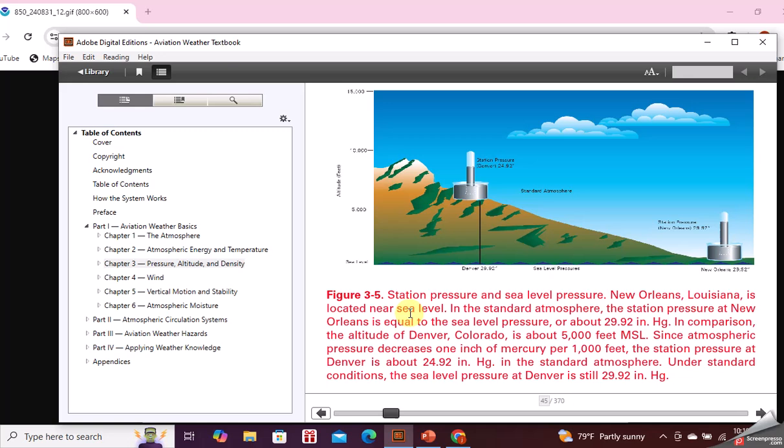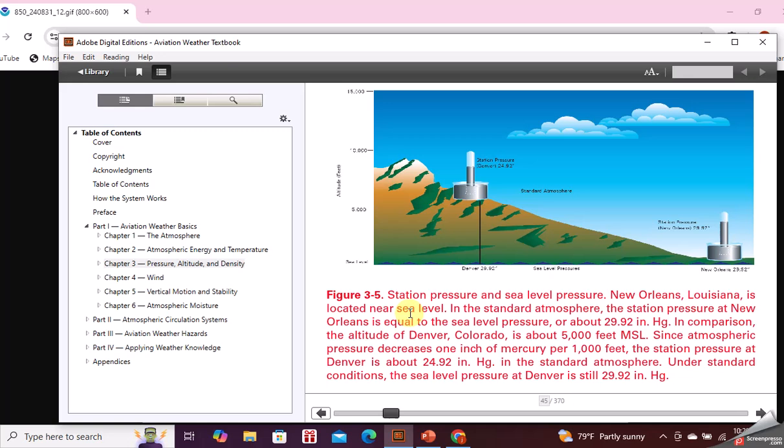So if you look at observations, you're going to see a station pressure, which is what you would use if you're looking at it for your altimeter. But then you're going to see sea level pressure. Sea level pressure is where you're taking basically the standard atmosphere, using it and temperature to adjust the pressure at that elevation, wherever that station is.